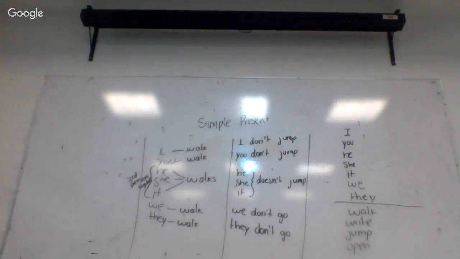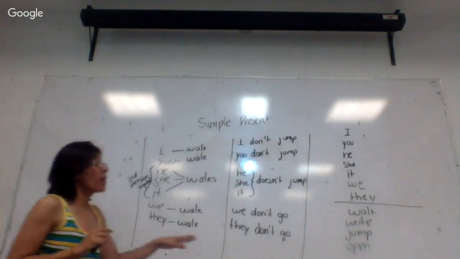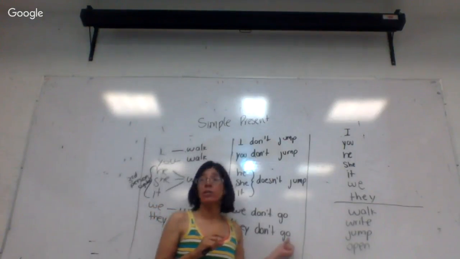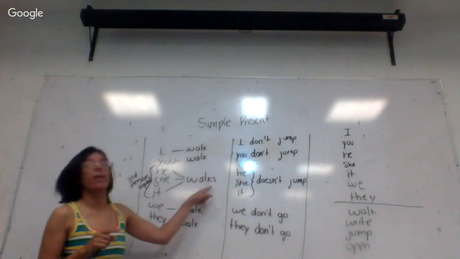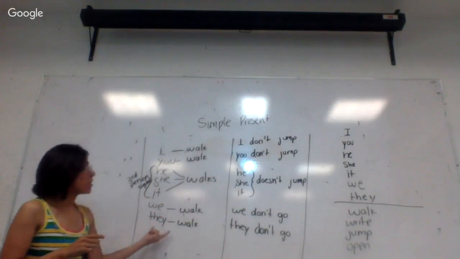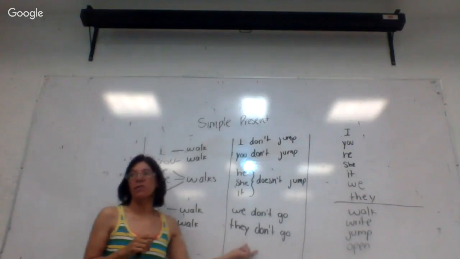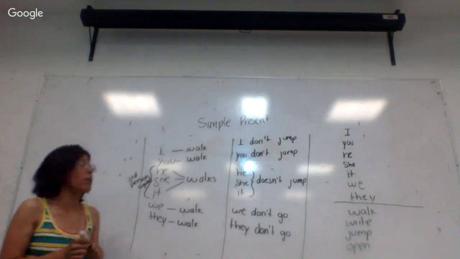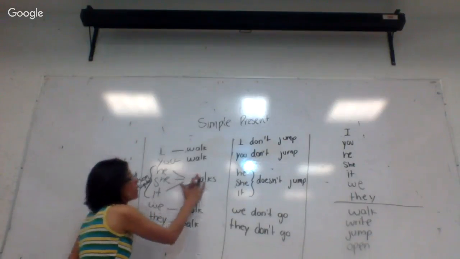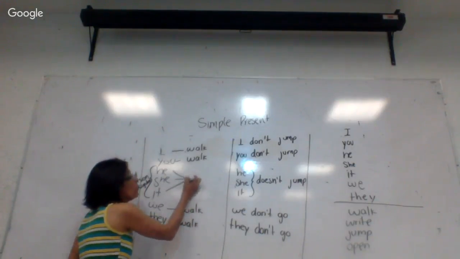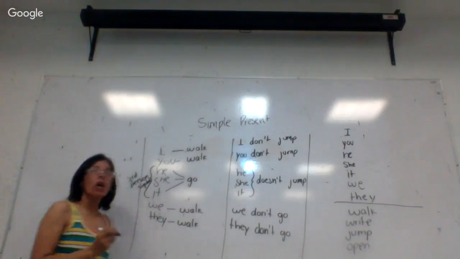Now the different thing in go is that it ends in O. So when we have these verbs, we're going to add es instead of only adding s at the end, but the change is going to be here, not in here. That's why I didn't use it, because it's going to be the same. So if we have, instead of walk, the verb go, we are not going to use goes.